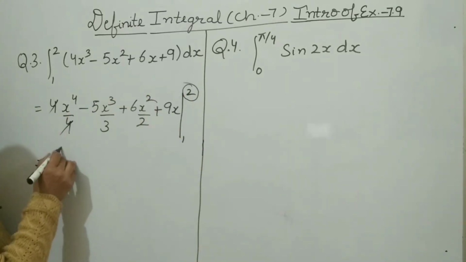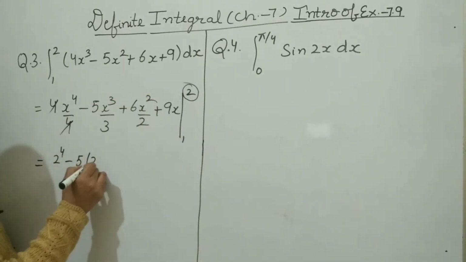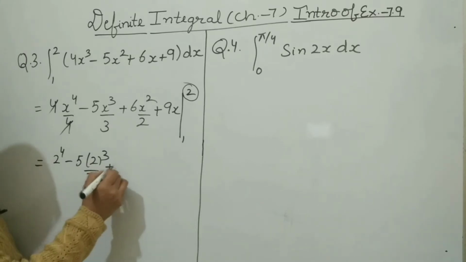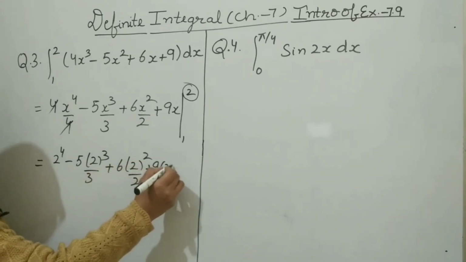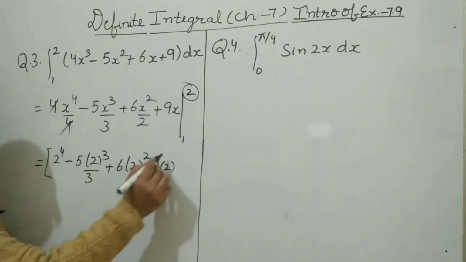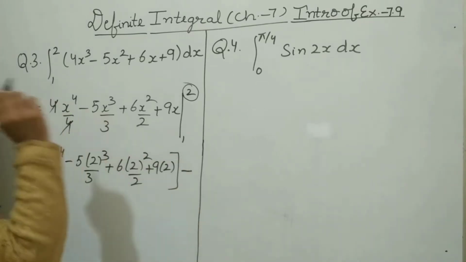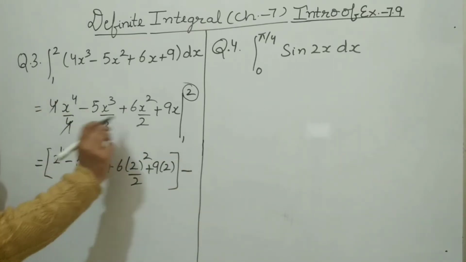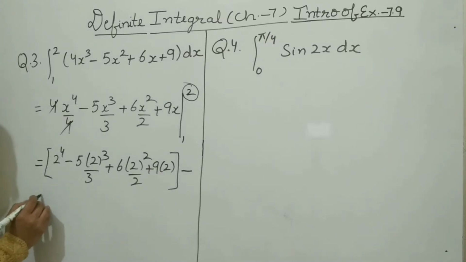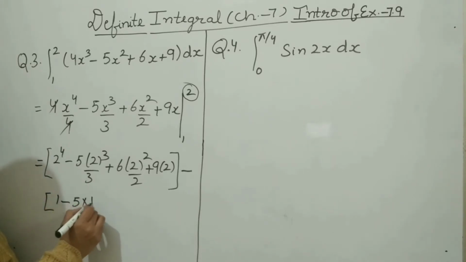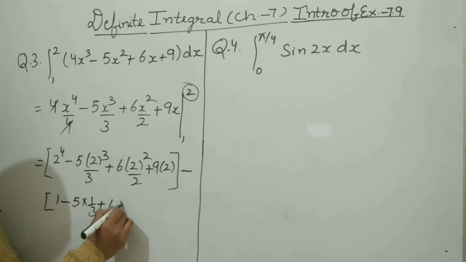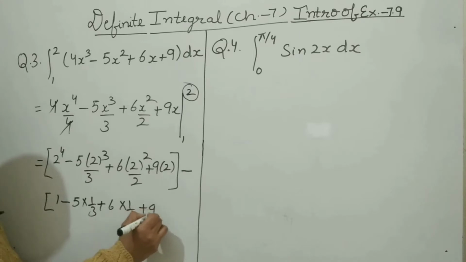So minus 5 into 2 cube over 3 plus 6 into 2 square by 2 plus 9 multiply by 2. Then use these brackets and take negative sign for the function for lower limit. So for lower limit it comes out to be, use this bracket sign, 1 minus 5 into 1 by 3 plus 6 into 1 by 2 plus 9.